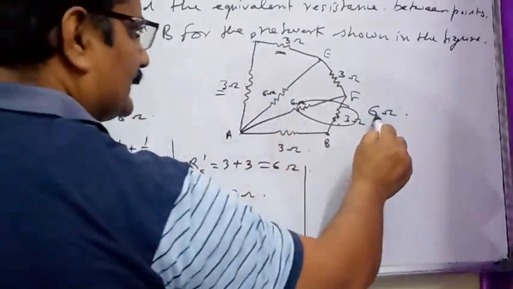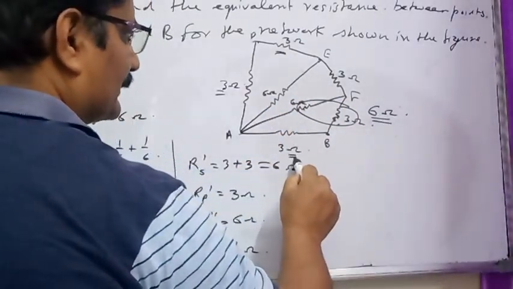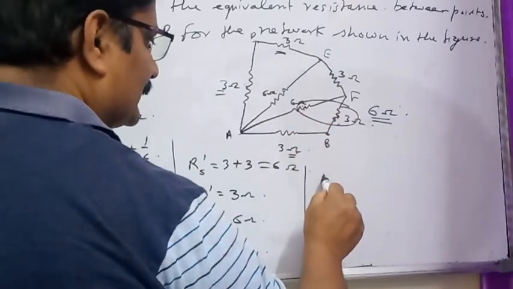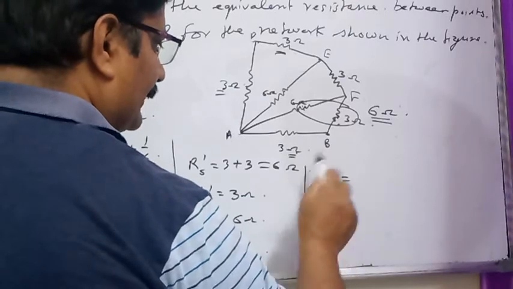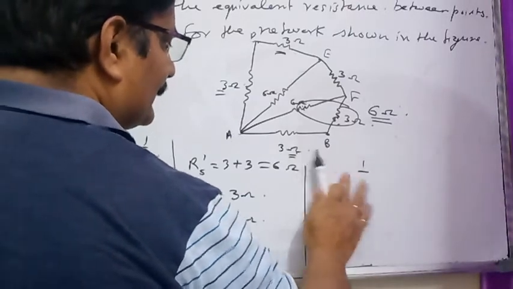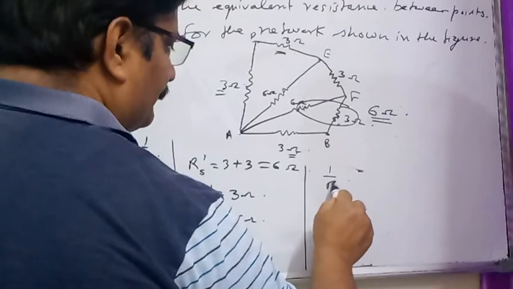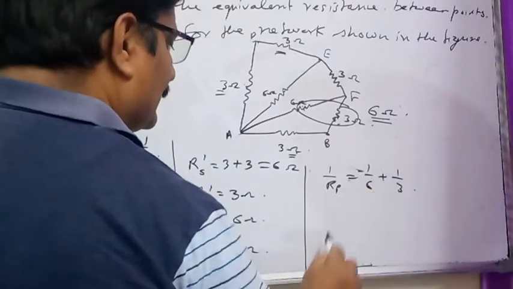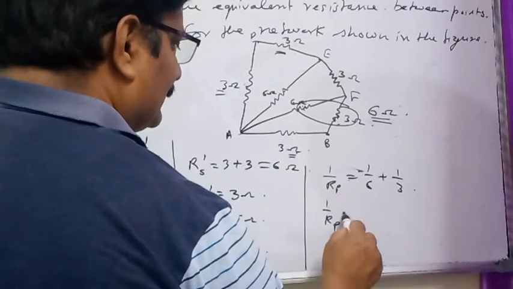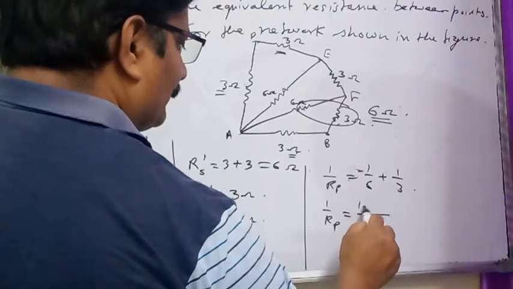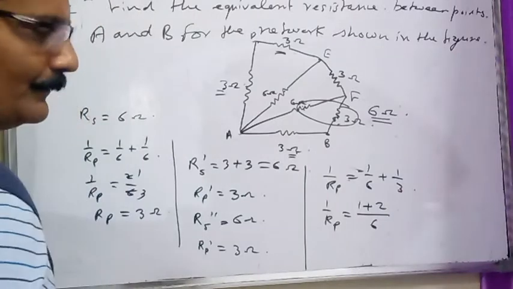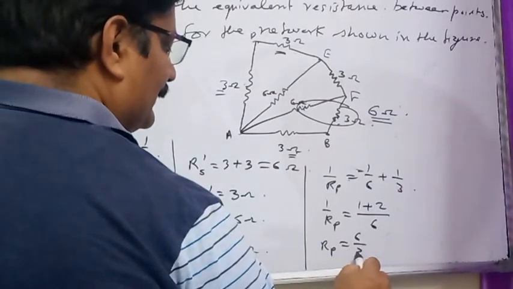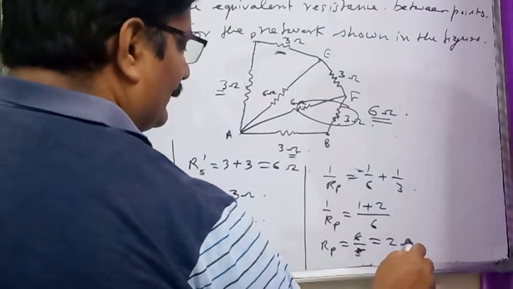But you can see this 6 ohm resistor and this 3 ohm resistor are in parallel. So the resistance in parallel at the end is going to be 1 by Rp equals 1 by 6 plus 1 by 3, and this is 1 by Rp equals 1 plus 2 over 6, or Rp is equal to 6 by 3, that is 2.